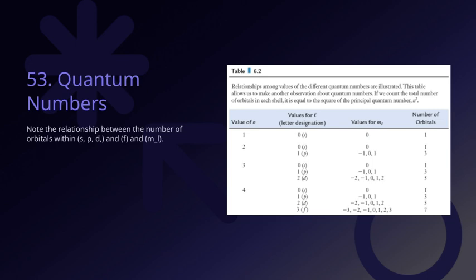And finally, for F orbitals, ML values go from -3 to +3, totaling 7 orbitals. This relationship is key because it shows how the number of orbitals within each subshell corresponds directly to the possible orientations in space, as indicated by ML. Understanding this helps us visualize how electrons are distributed around the nucleus in different energy levels and shapes. It's a fundamental concept that ties together the quantum numbers and the geometry of atomic orbitals, which is essential when we consider electron configurations and chemical bonding.